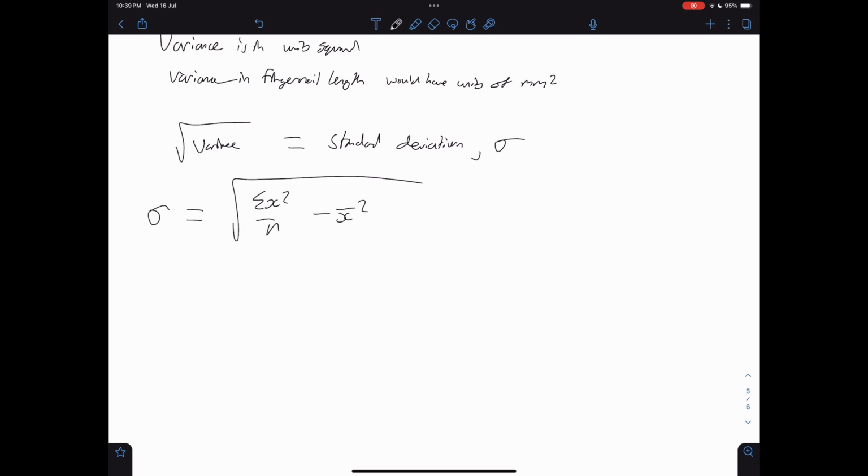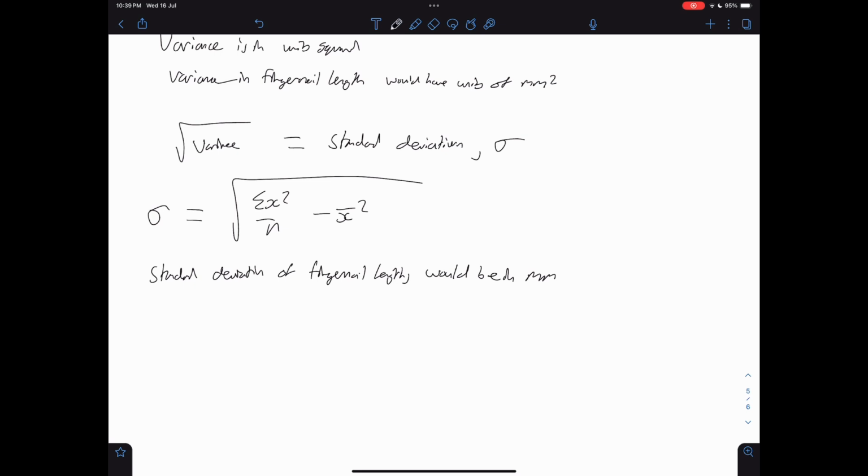And this will have the right unit. So the standard deviation of fingernail lengths would be in millimeters, which would make things more useful in terms of your data set.